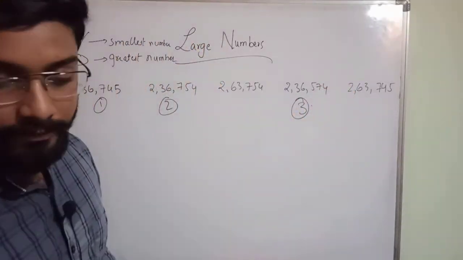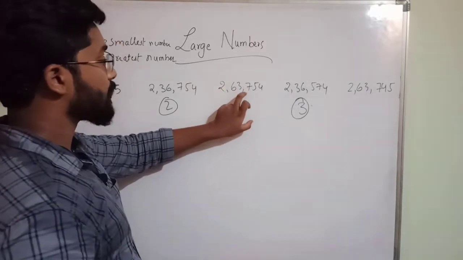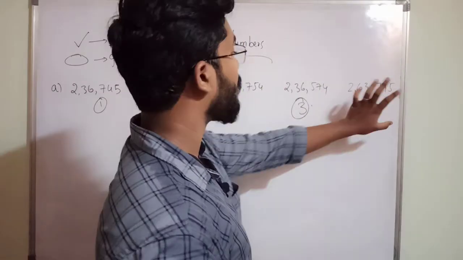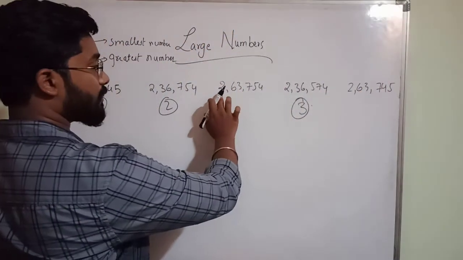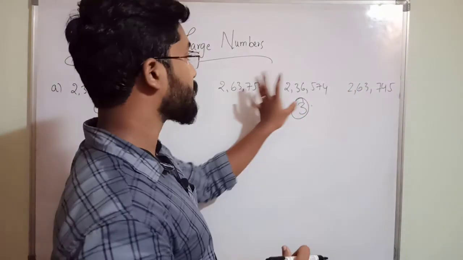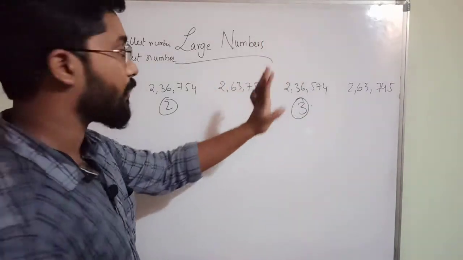This is already given, but I am explaining carefully. 2,63,754, 2,63,745. These are in the 2,63,000 range. These both are in a different range and these three are in a different range.